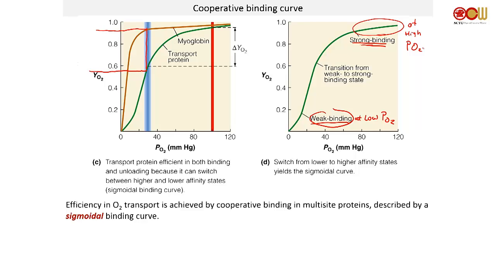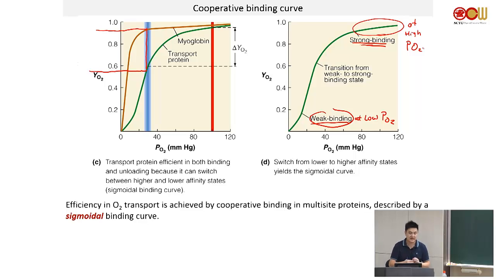That would be an ideal protein, and this is what we call a cooperative binding curve, because the subunits or the proteins can have cooperativity. Cooperativity means that you can change behavior depending on what you're loading onto it.